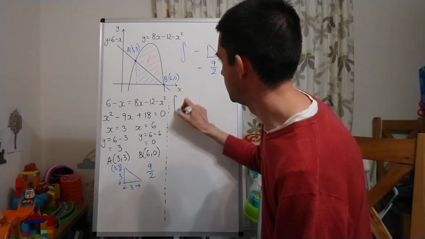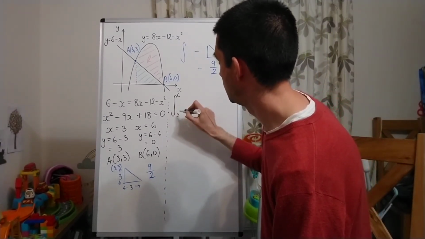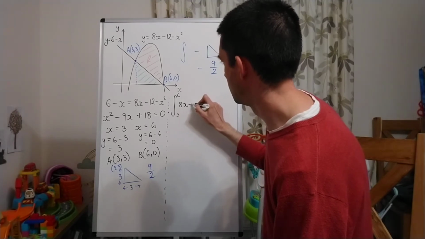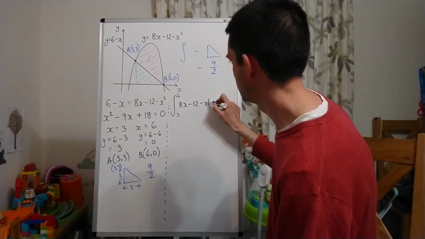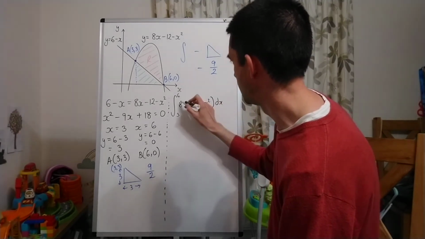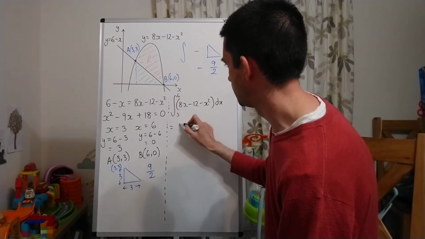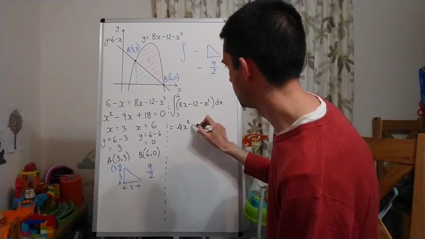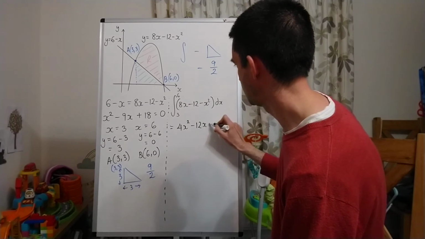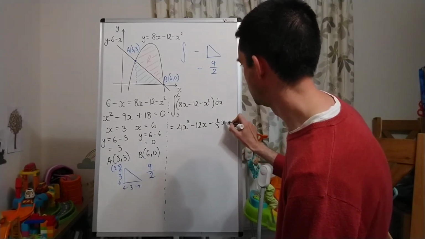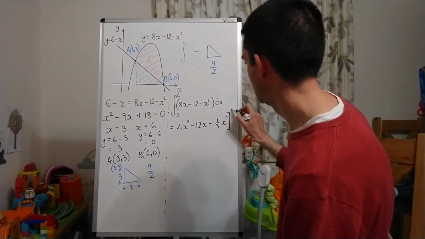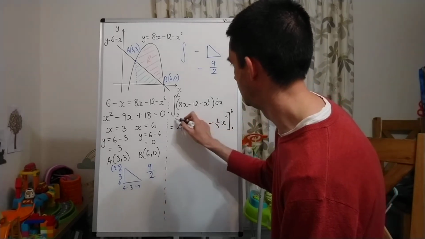So I'm going to integrate between 6 and 3, 8x minus 12 minus x squared with respect to x. That's going to integrate to 4x squared minus 12x minus 1/3 of x cubed, with an upper limit of 6 and a lower limit of 3.